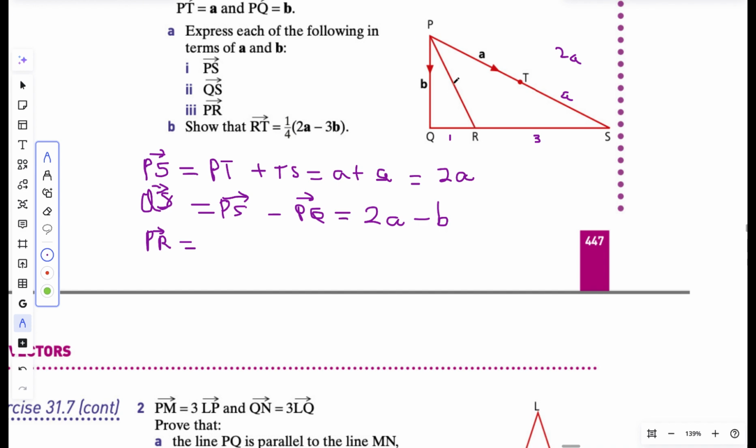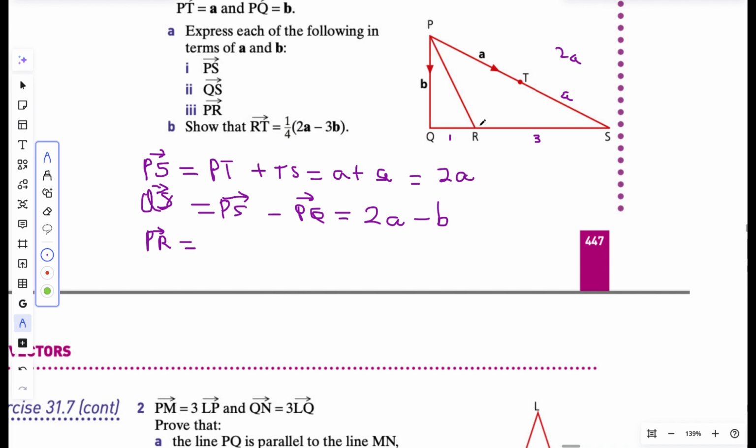Before we can find PR, we already got QS, but we must get QR first. To get PR, since we are not going the same direction, we got to say this minus this, in order to get PR.